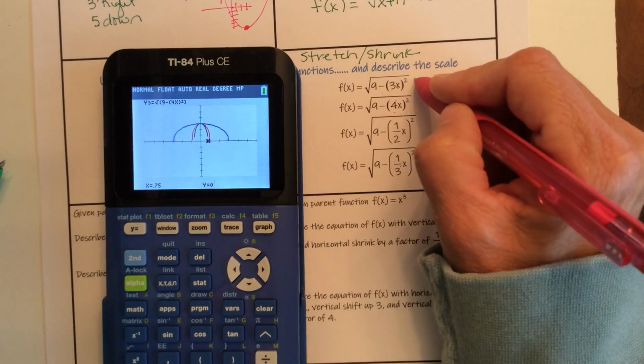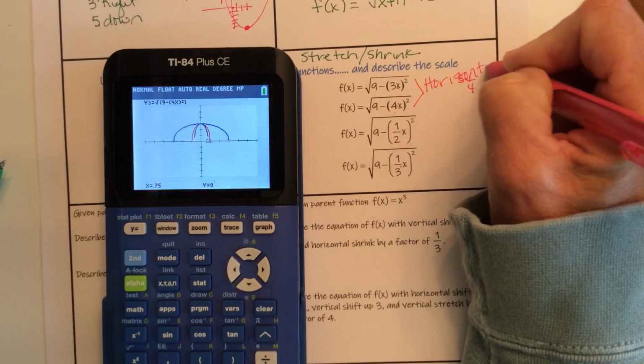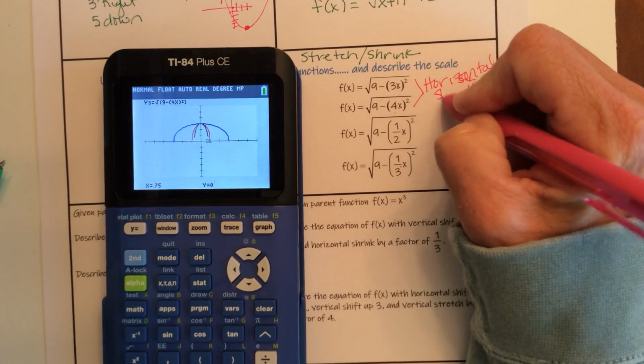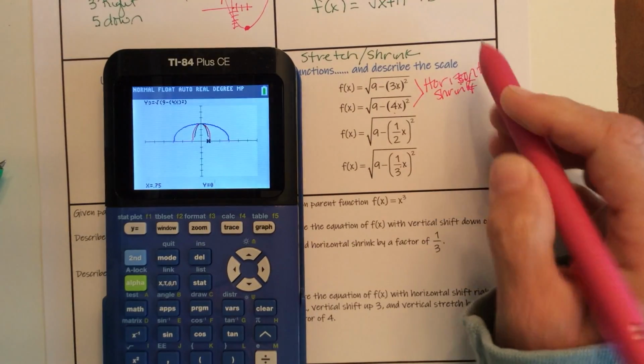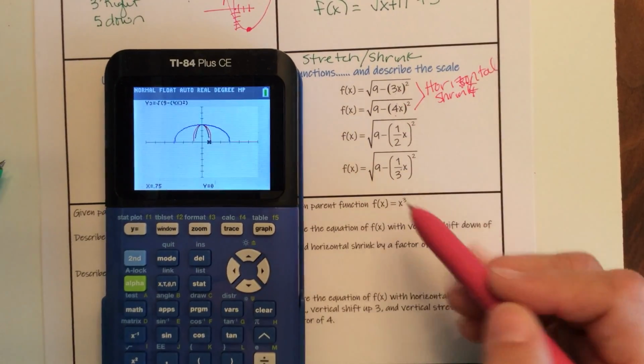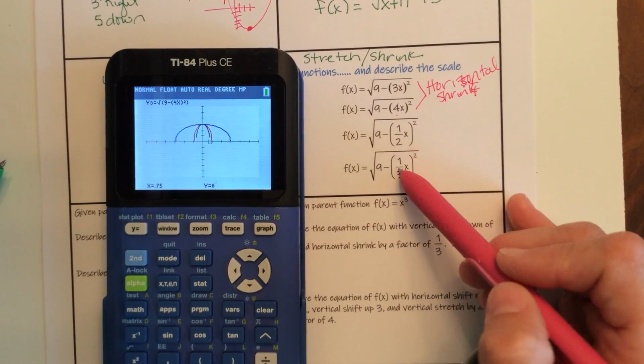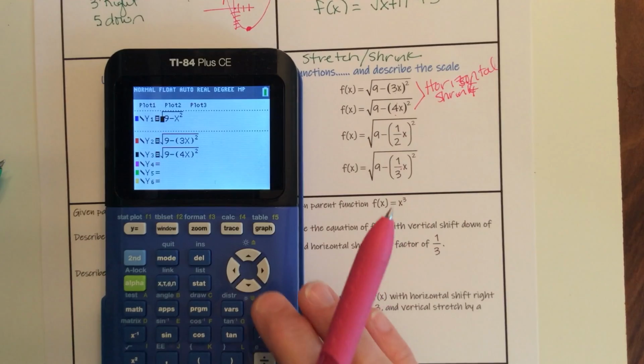So these two have a horizontal shrink, and it shrinks horizontally by a factor of 1/3 and 1/4. So having looked at that, what do you suppose is going to happen here? Well, let's go in and see.